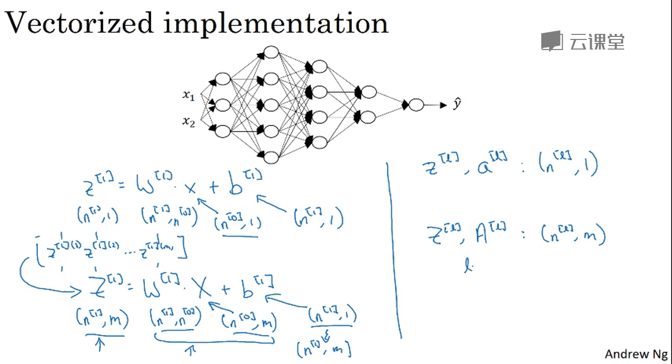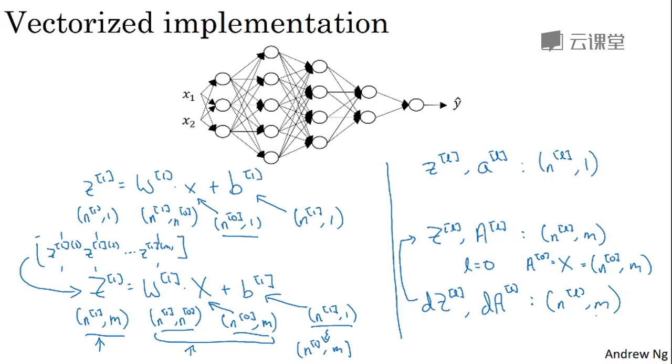And the special case of this is when l is equal to 0, in which case A[0], which is equal to just your training set input features X, is going to be n0 by m, as expected. And of course, when you're implementing backpropagation, we'll see later you end up computing dZ as well as dA, and so these will of course have the same dimension as Z and A.